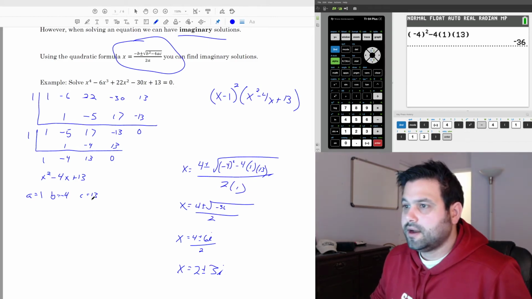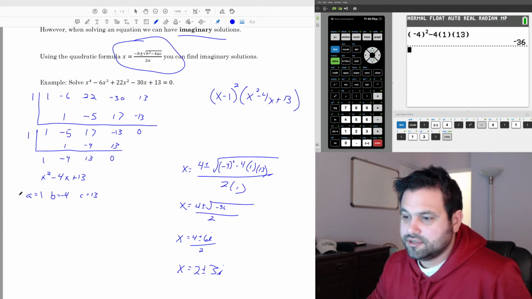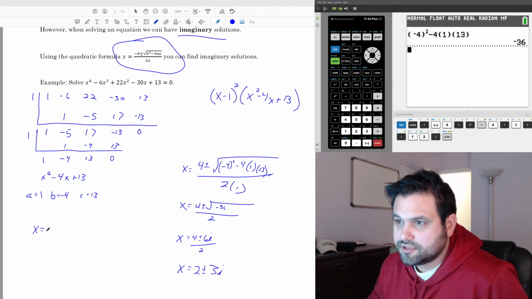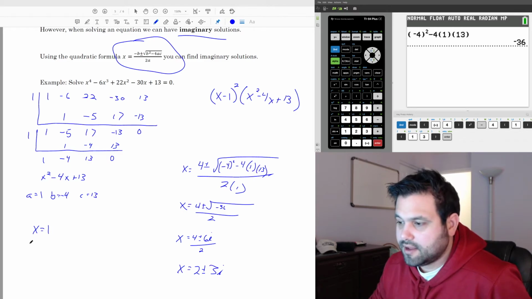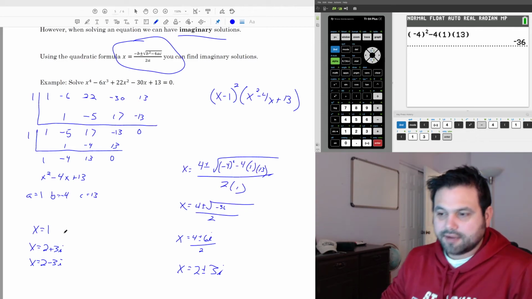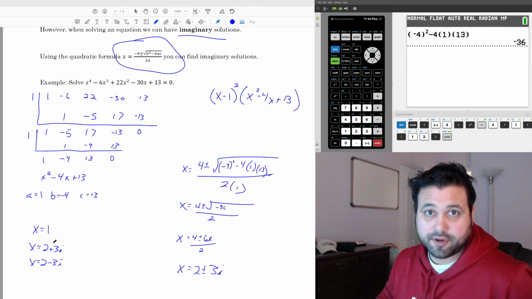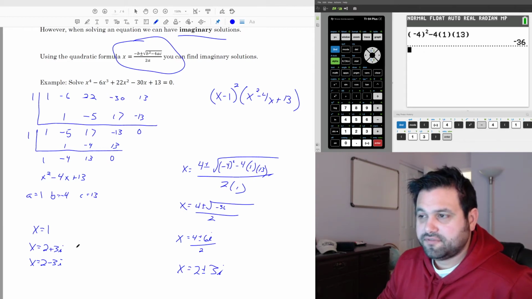So the solutions to this equation are x equals 1, happens twice, and x equals 2 plus 3i, and x equals 2 minus 3i. You don't have to split the plus minus sign if you don't want to, but I'm just showing you that those are two different numbers, remember. Okay? There's solving for imaginary solutions.